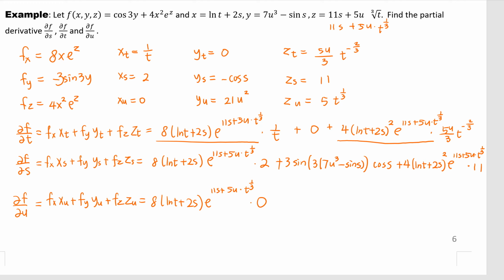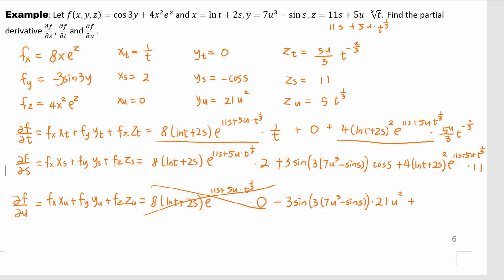So fy is minus 3 sine of 7u cubed minus sine s, times yu, 21u squared.